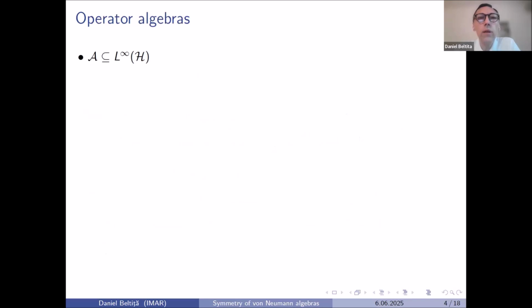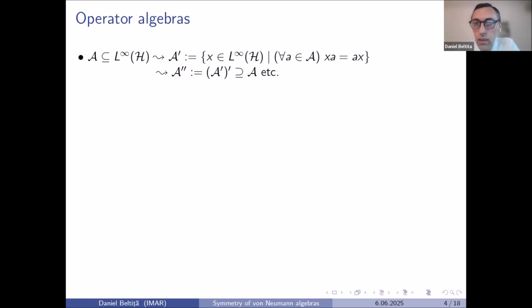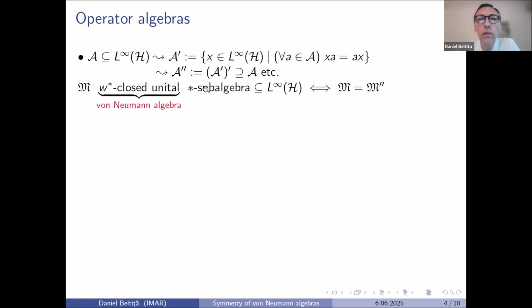Now, for operator algebras, for any set of operators A, we denote its commutant by A prime. Then we can iterate to take the second commutant, which in particular contains the initial set of operators. The bicommutant theorem of von Neumann says that a star subalgebra of L infinity of H is unital and weakly closed if and only if it is equal to its own bicommutant.